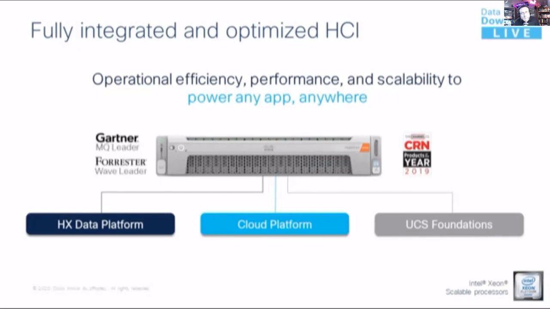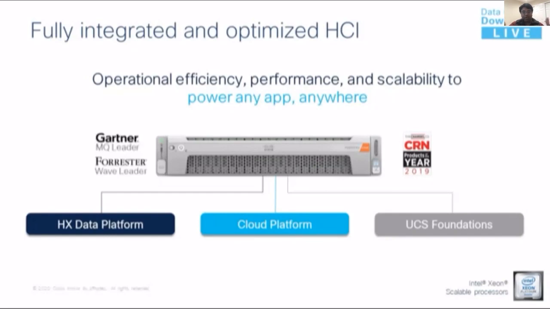It's always good to start with a basic product introduction for folks on the call or on the webinar who may not be fully familiar with HyperFlex. A very quick summary: HyperFlex is Cisco's market-leading hyperconverged infrastructure solution. It's extremely high performance, built on the foundation of Cisco's UCS server foundation. We've got a very scalable, software-defined data platform that provides all of the storage capabilities for the hyperconverged solution, in effect creating a cloud platform.